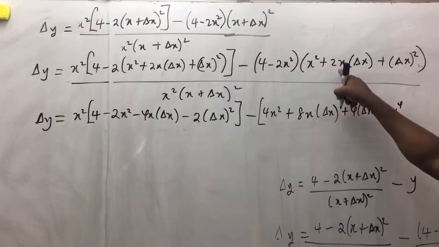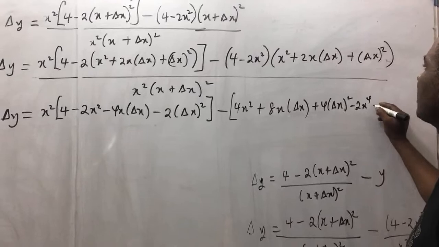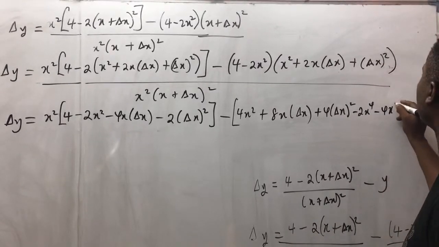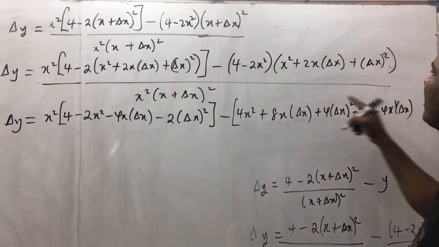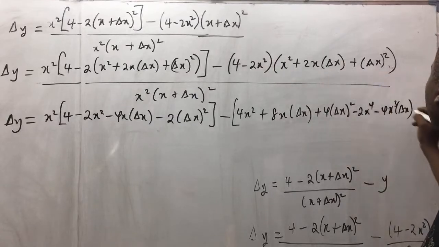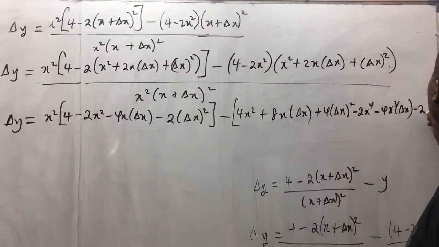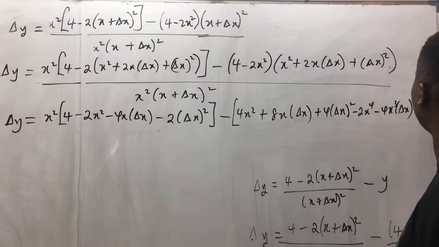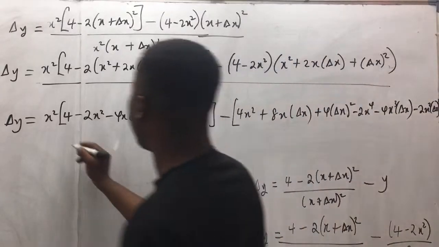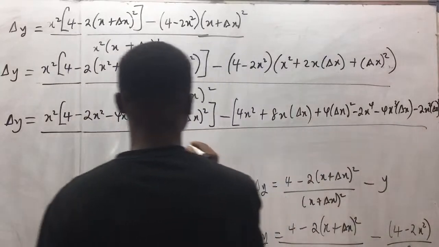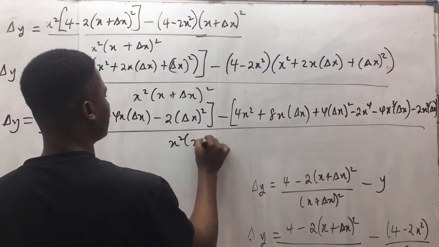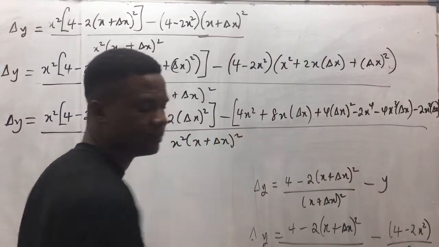Minus 2x squared times 2x change in x will give us minus 4x cubed change in x. And minus 2x squared multiplying the last term will give us minus 2x squared change in x all squared. Okay? And that will be all over x squared x plus change in x all squared.